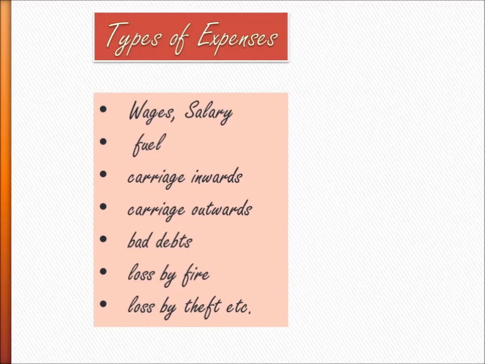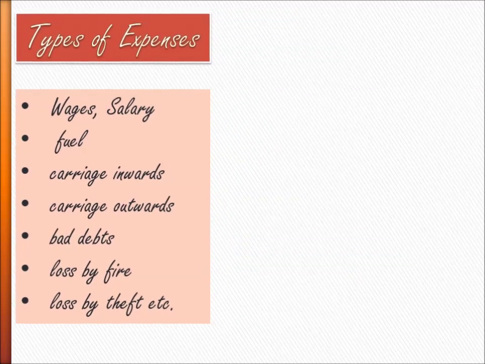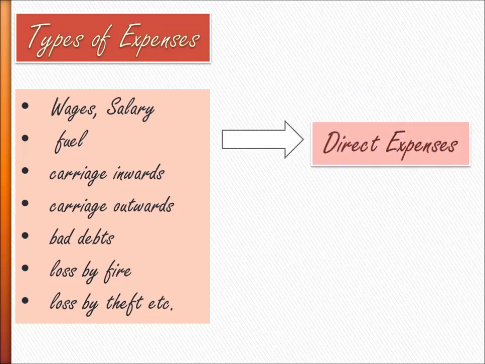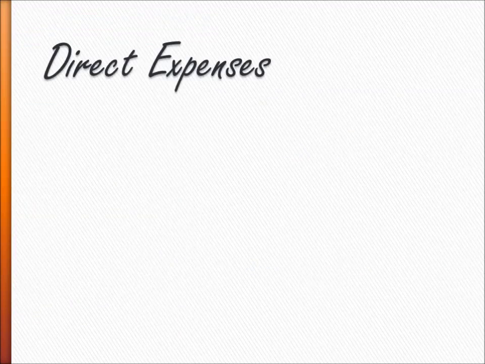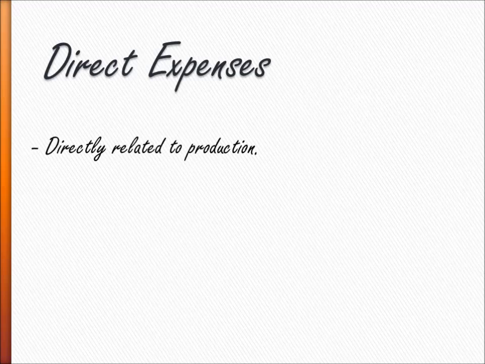All these expenses and losses can be categorized into two parts: direct expenses or indirect expenses. Direct expenses are those expenses which are directly related to production. And other expenses are called indirect expenses.